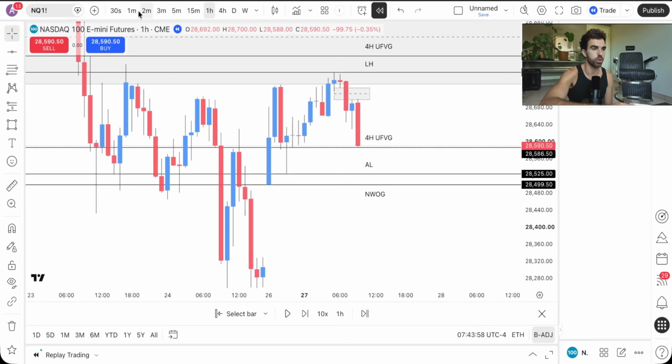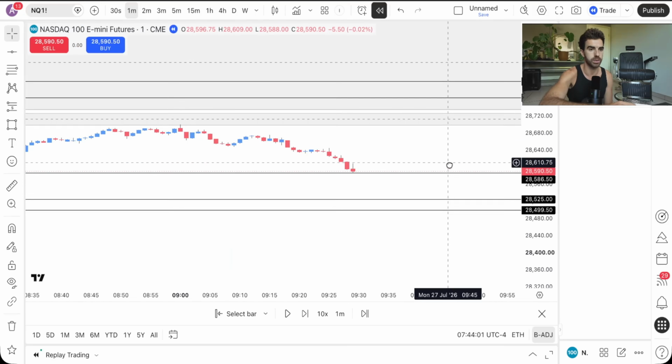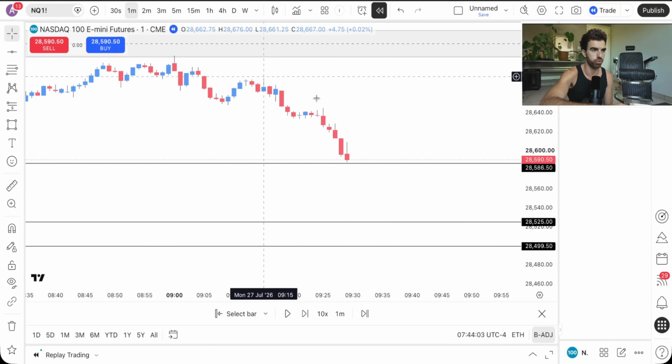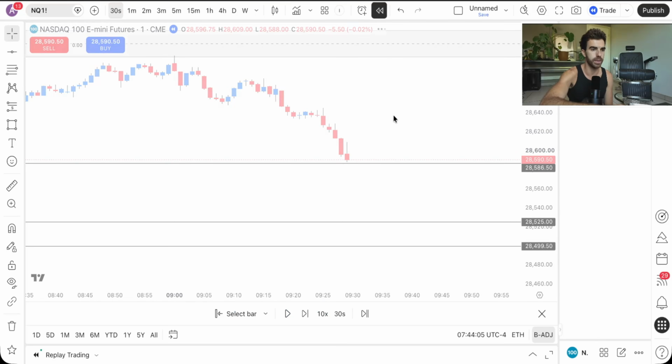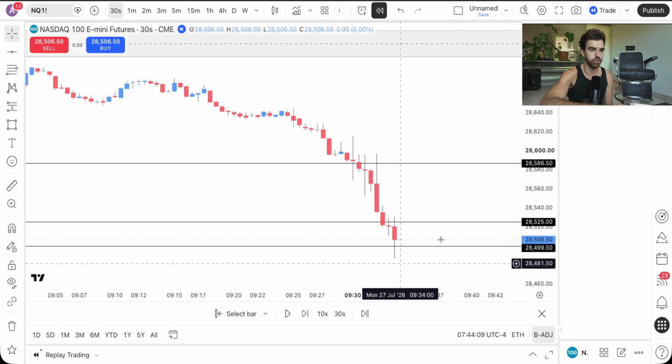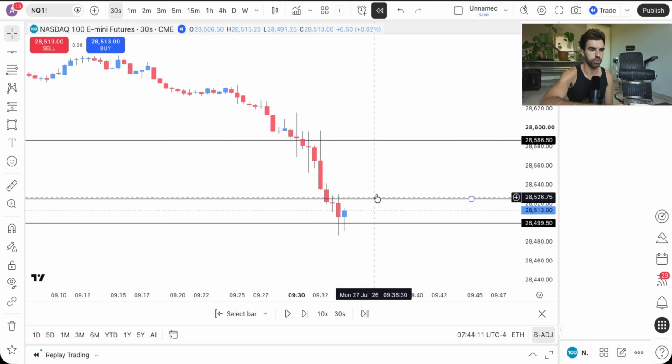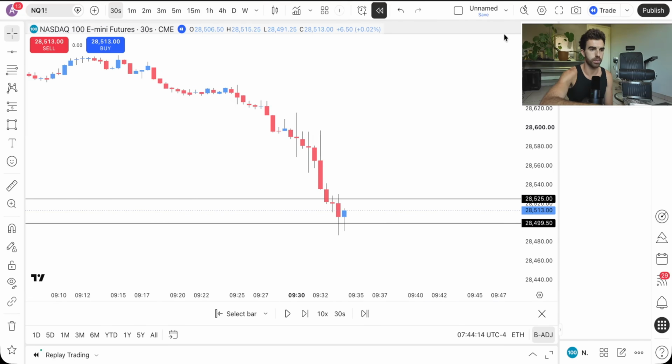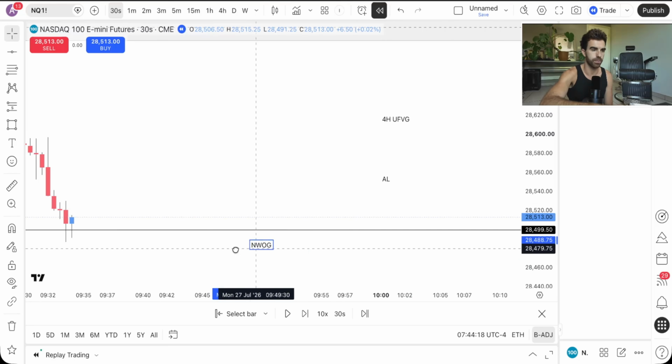So I was leaning more towards shorts. When the market opened, we immediately took out those key draws, both the 4 hour, Asia low, and the new week opening gap.